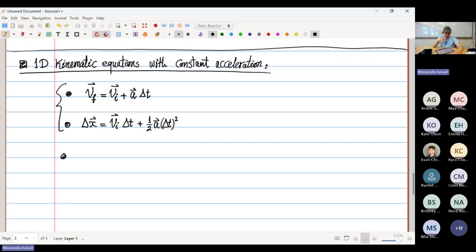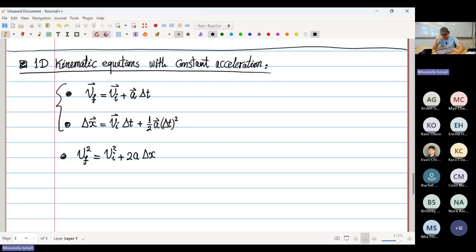Taking delta t from one equation and substituting it into the other, you get an equation that doesn't depend on the time, which is useful for problems that don't give you the time explicitly, just distance, acceleration, and velocities. It is v final squared equals v initial squared plus 2a delta x.